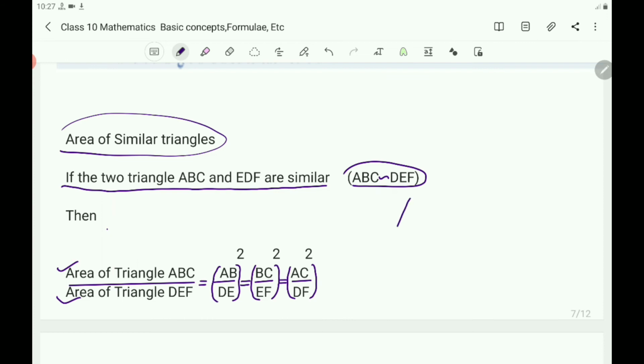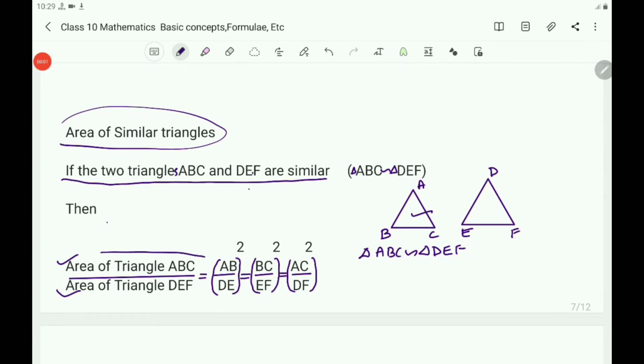If you consider these two similar triangles, this is the triangle ABC, this is the triangle DEF. If triangle ABC is similar to triangle DEF, then area of triangle ABC by area of triangle DEF equals what?